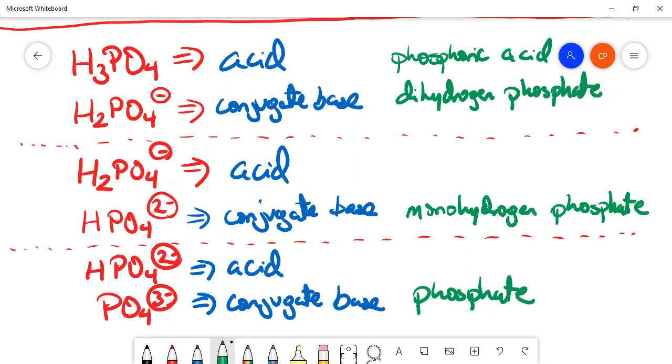But even the polyprotic acids, we will always consider them giving up one hydrogen ion at a time. We'll never talk about them tossing off three hydrogen ions at once. We'll never talk about carbonic acid tossing off two hydrogen ions at once. We'll always talk about the polyprotic acids giving up their hydrogen ions one hydrogen at a time.